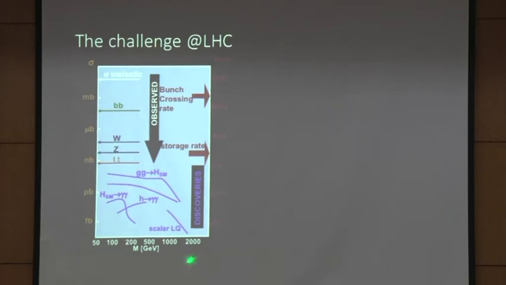Okay, so this represents some kind of probability that a proton crosses another proton at some energy, and what is the probability that I will see this kind of event, like BB bar or W or Z or even top quark, and then the standard model Higgs, and then Higgs to gamma gamma and so on, and then the new physics, something like scalar leptoquark and things like that.